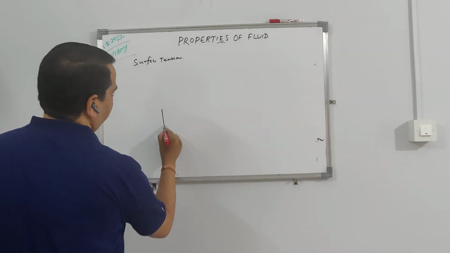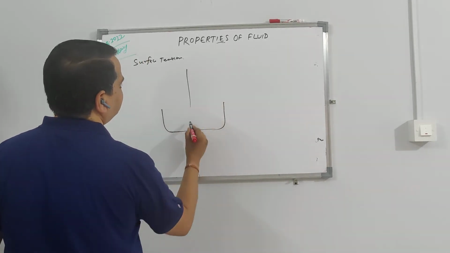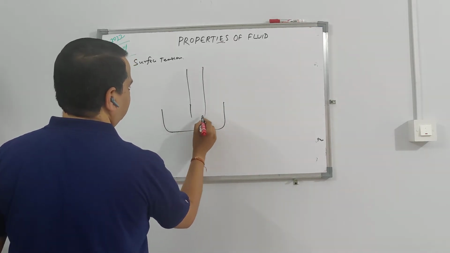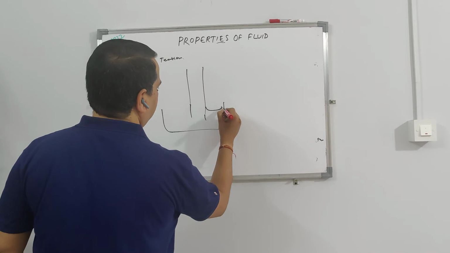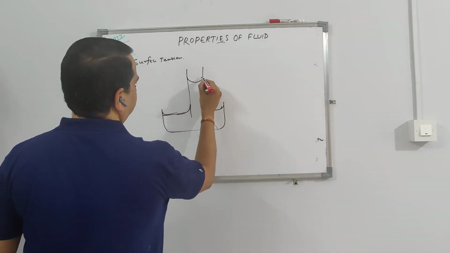Let us say I'll draw two cases. This is one case when I have water, and in another case when I have mercury. So this is water, and it will look like this.